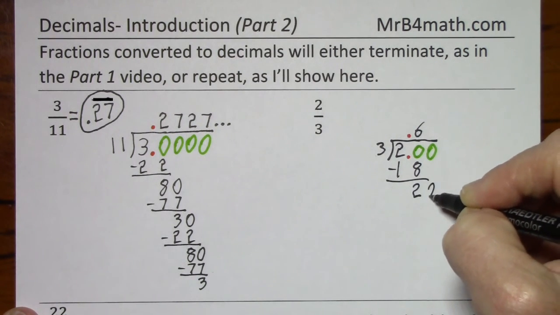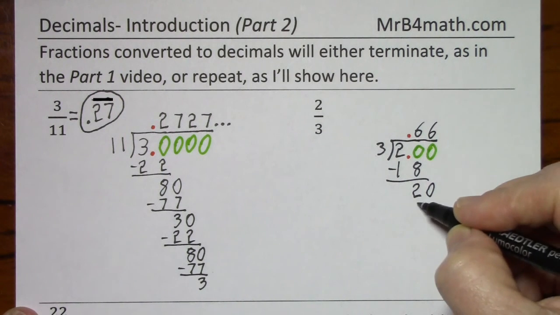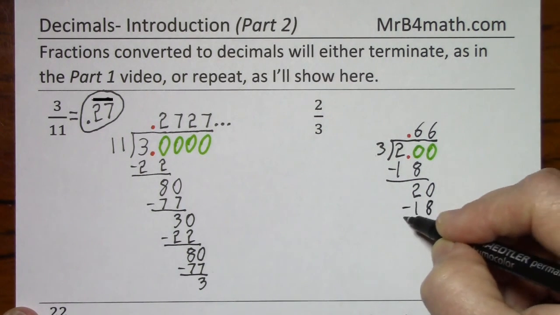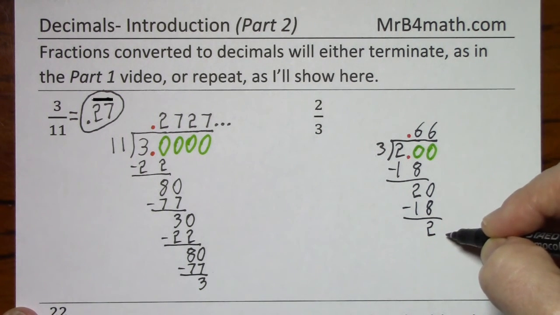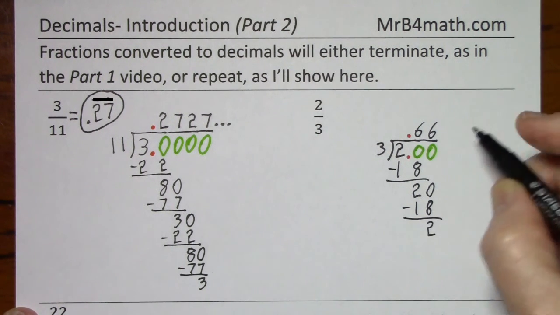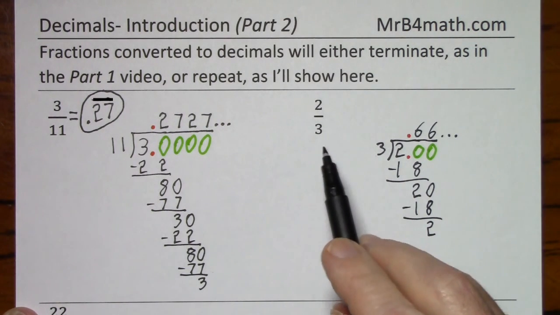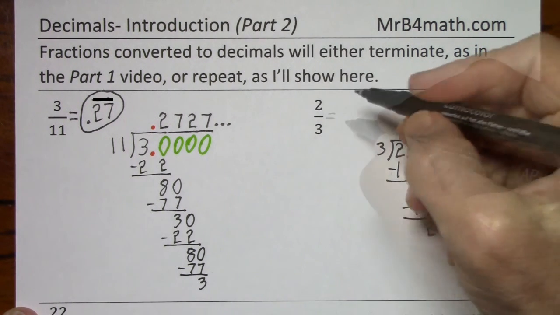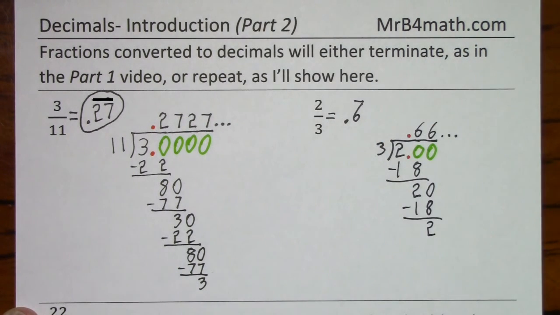Bring down a 0. 3 goes into 20 6 times. I could put more zeros and keep bringing them down, but this pattern continues. So to represent 2/3 as a decimal, simply write 6 with a bar over it.